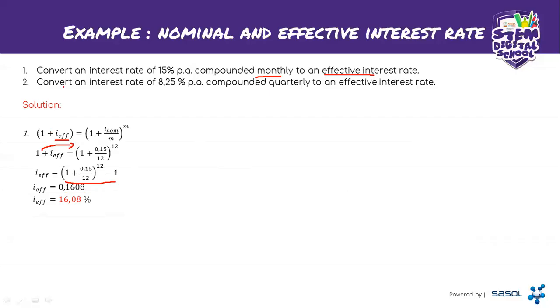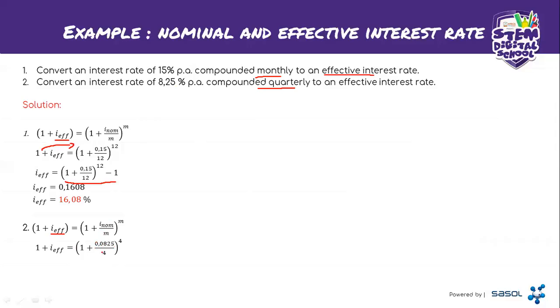Second question: convert an interest rate of 8.25% per annum compounded quarterly to an effective interest rate. Since it's compounded quarterly, we use 4. You write the correct formula. We need the effective interest rate. Then you substitute: you divide 8.25 by 100, which gives 0.0825.